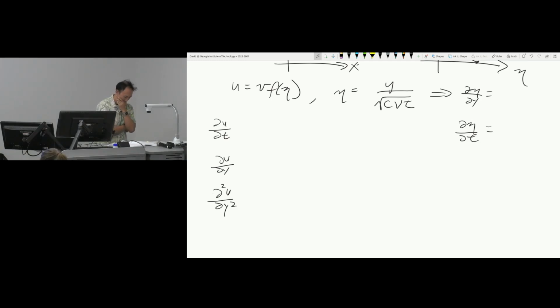Once people get it, we'll start writing stuff. So for the bottom left terms, you use the left equation. For the right terms, you use the right equation.